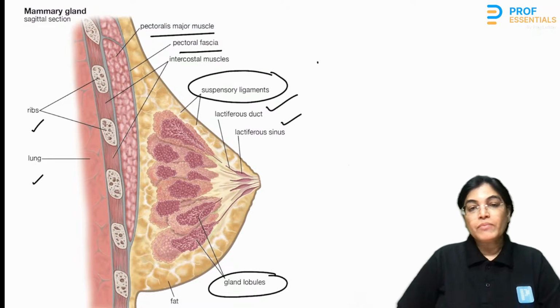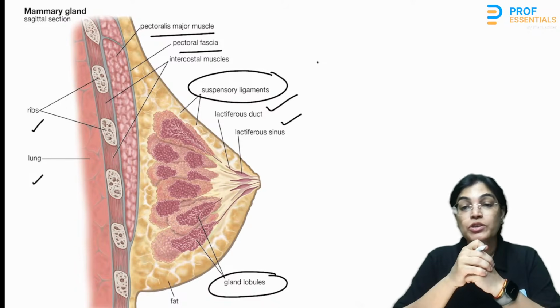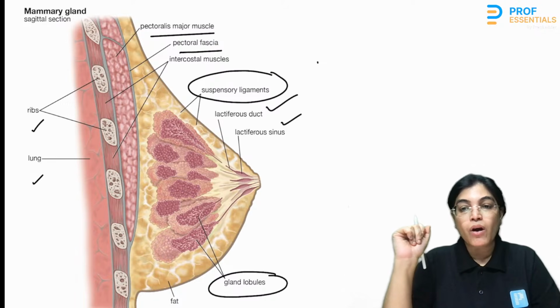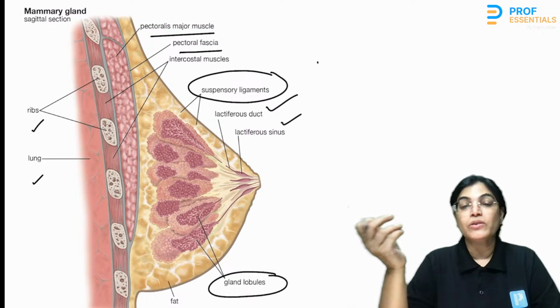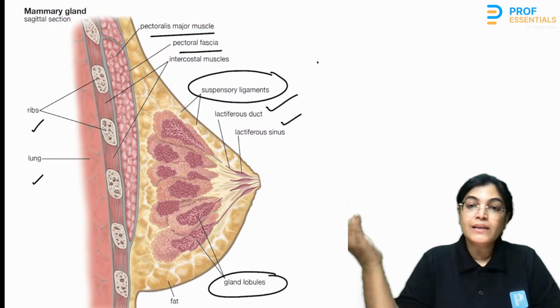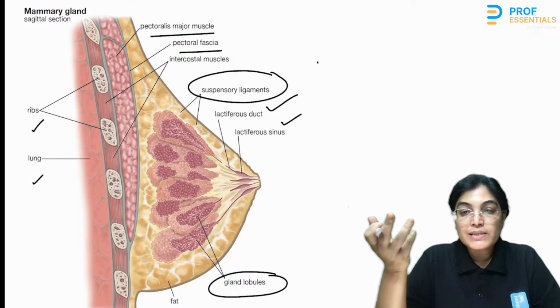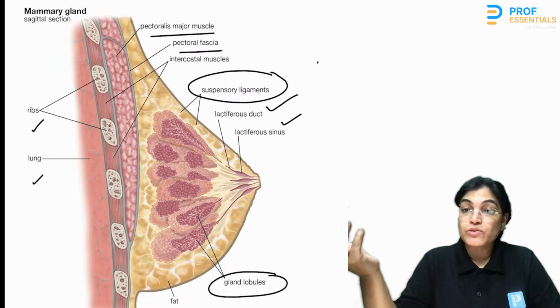Whenever a question comes about the structures, we will also discuss the mammary gland in the histology part, but here I will tell you the broad features of the different structures. I would like to tell you about the skin: where the nipple is located and where the areola lies. Then the stroma, which contains the suspensory ligament of Cooper.